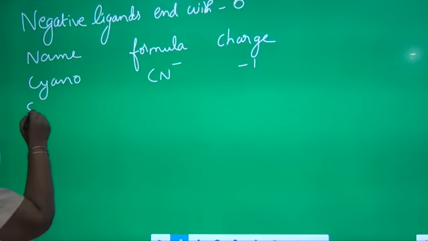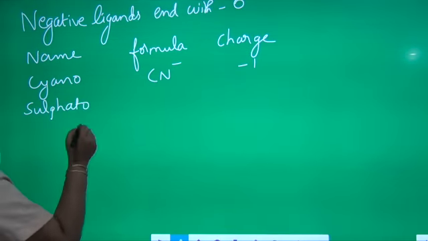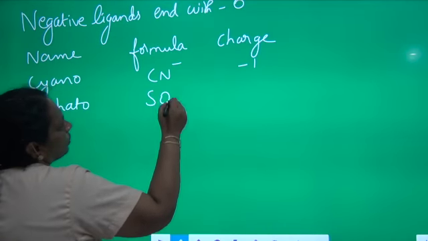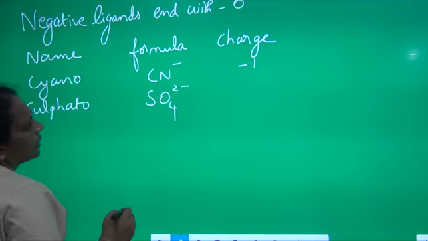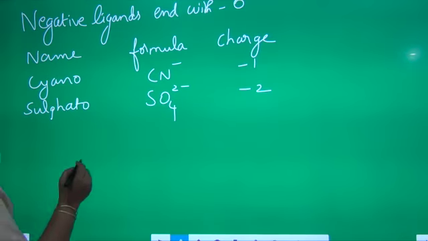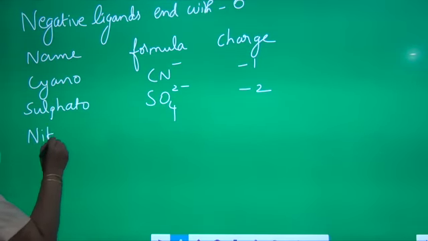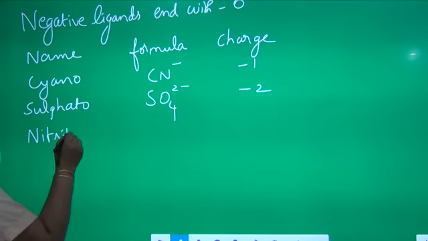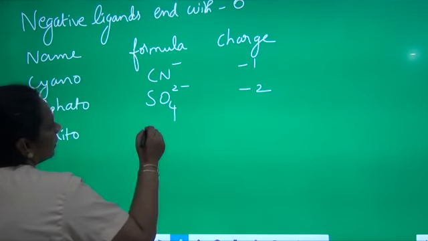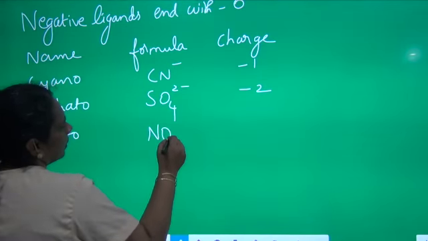When you take sulfato, the formula is SO4 2-. So here the charge is -2. When you take nitrito, the charge is -1.